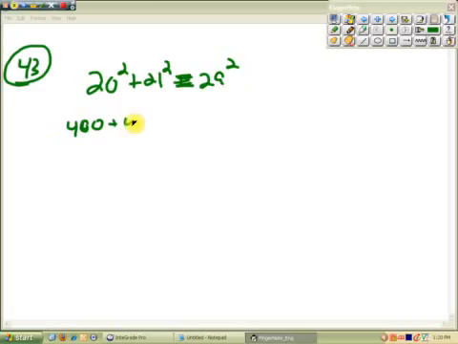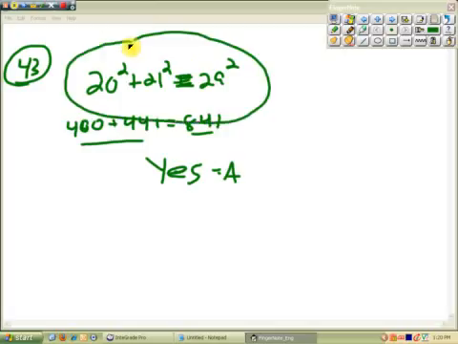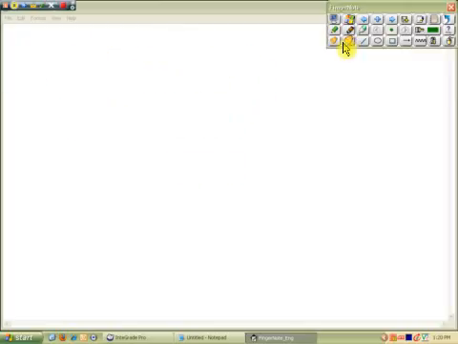So this is 400 plus 441 equals 841, and this side equals this side, therefore this is your right triangle. The other ones will not work, so the answer is A. Now, if the answer was not A, then I would have to do the same thing with answer B to see if it works, and if B was not the answer, I'd have to try C. So you have to try all of them if you don't get the right answer right away.